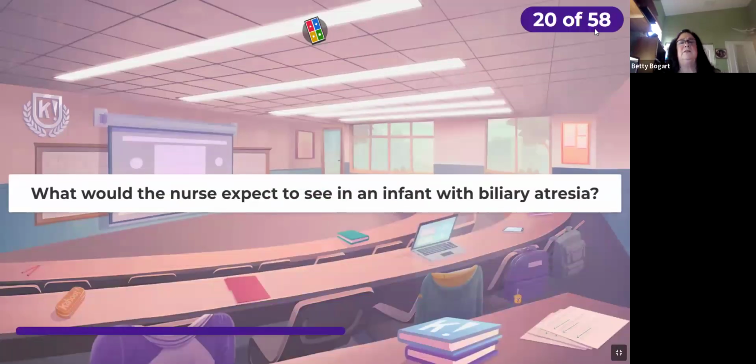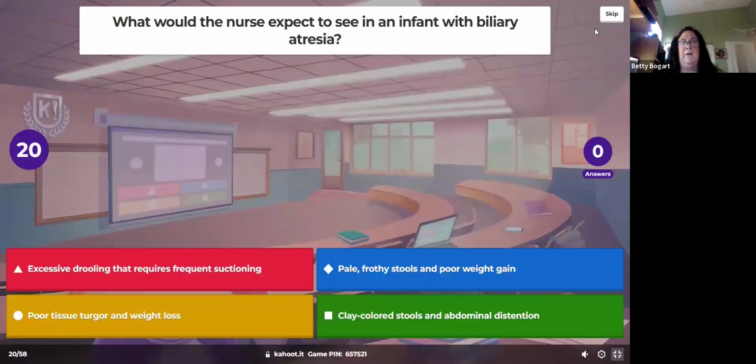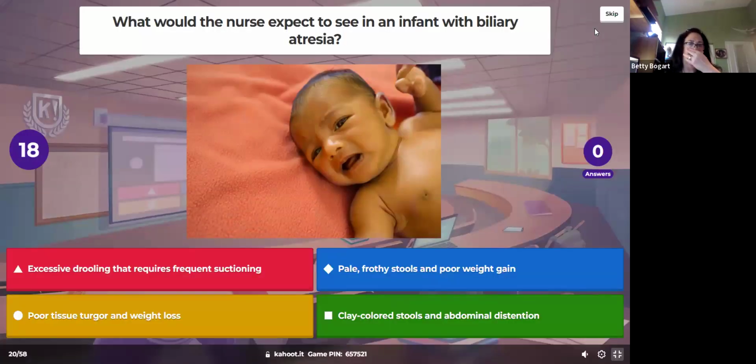What would the nurse expect to see in an infant with biliary atresia? Remember, with biliary atresia there's no connection between the liver and the small intestines.